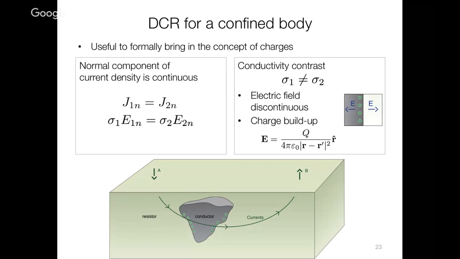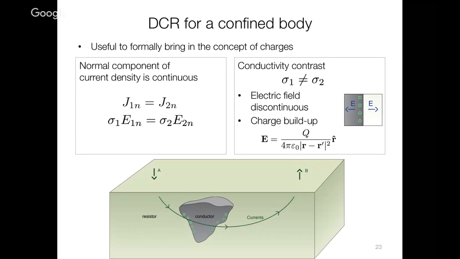The electric field has to change. So the electric field is going to be discontinuous. And again, from first year physics, you know that the only way that can happen is if there's an actual charge that's built up. A little plate of charge this way and this way. So that means the electric field is discontinuous.